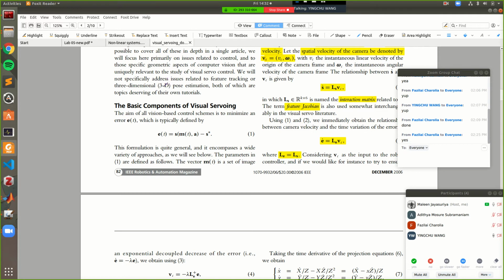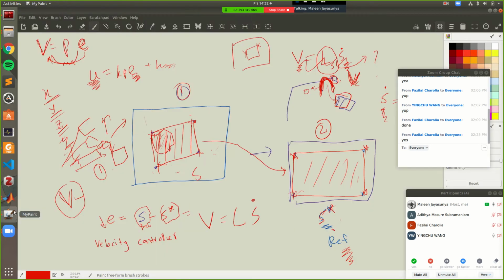If I give the Fetch robot a 3D coordinate, do I need to implement this approach to let the robot arm's gripper get that 3D position? So you're saying if you figure out the 3D position already in the image, and then you tell the gripper to go to that 3D location, you don't have to.